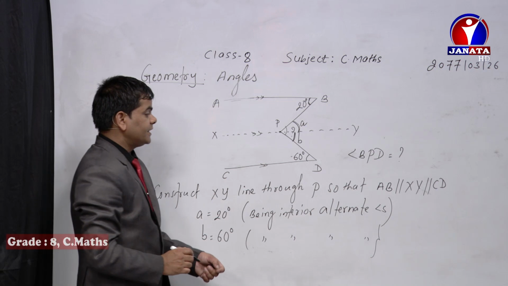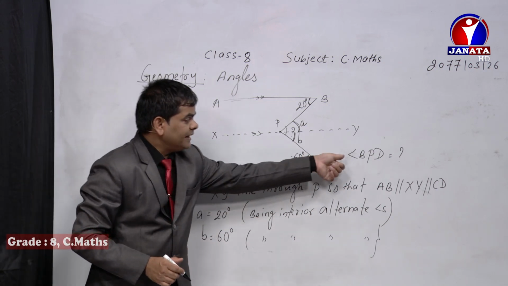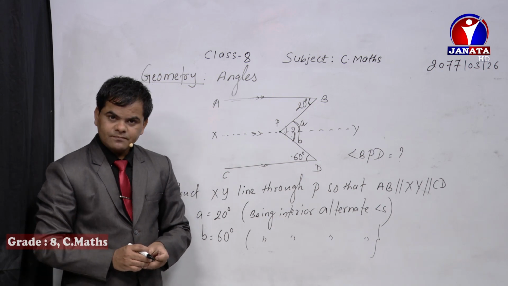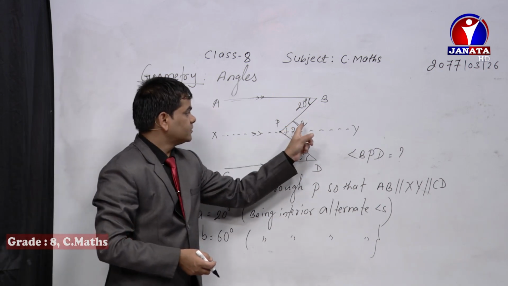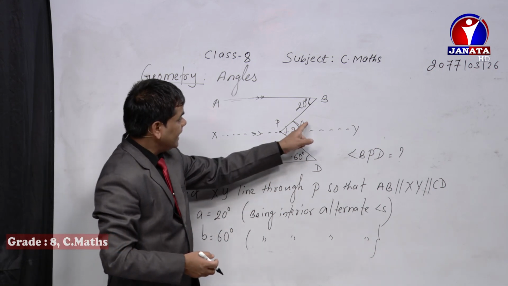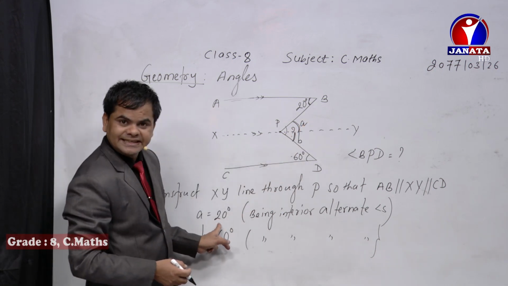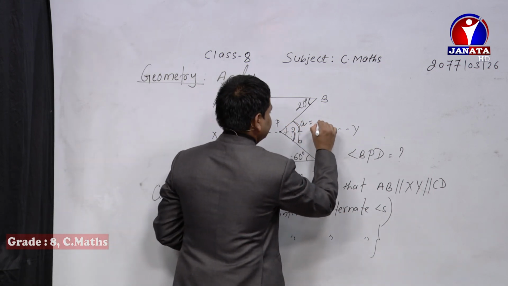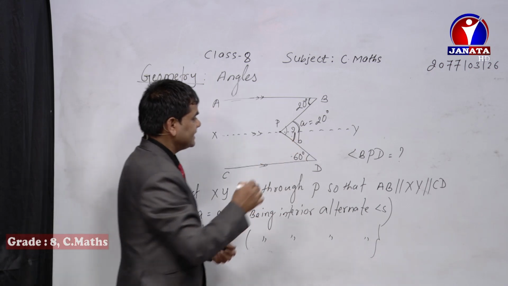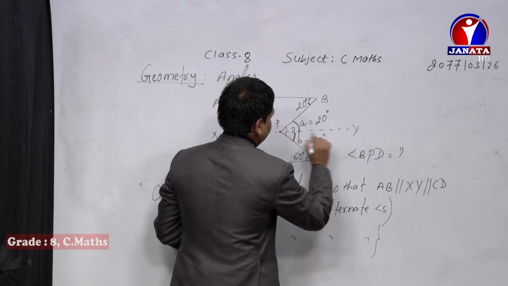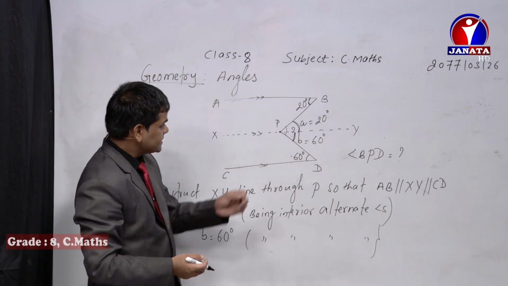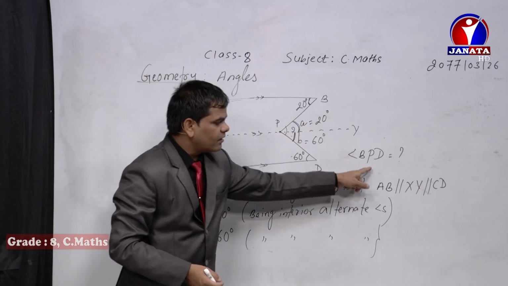Now, what did you see, dear student? The whole angle BPD is made by the combination of A and B, isn't it? So A's value, as we have got, is 20 degree, and B's value we got as 60 degree, isn't it? So altogether, if we combine A and B, that means A plus B equals angle BPD.